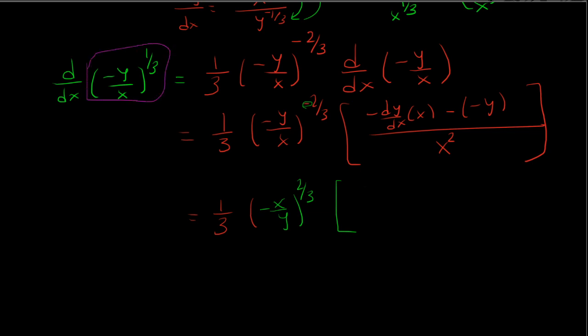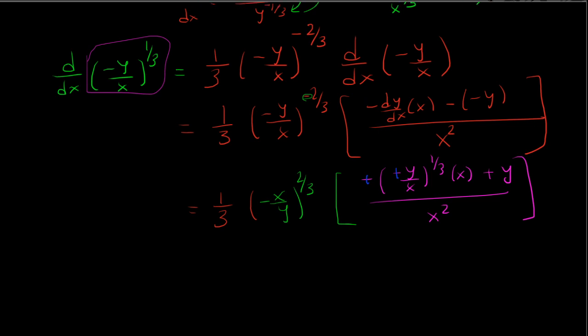So we can replace it with negative y over x to the 1/3 power times x, and then plus y over x squared. The two negatives make this positive. Because this is an odd root, with the odd roots, you can pull out the negative, but either way it's going to be positive.